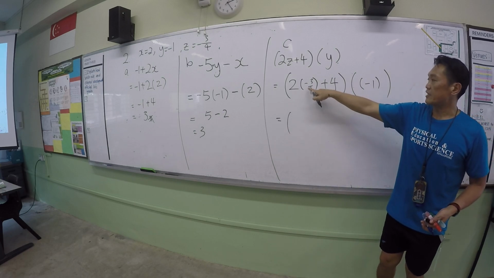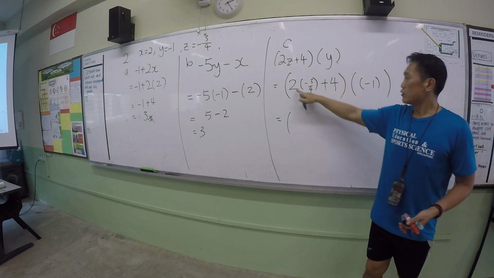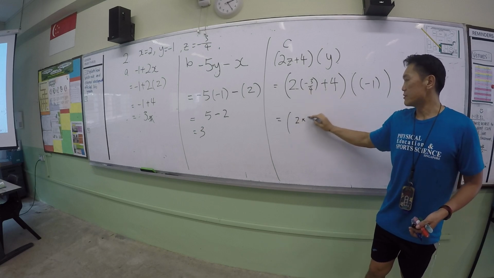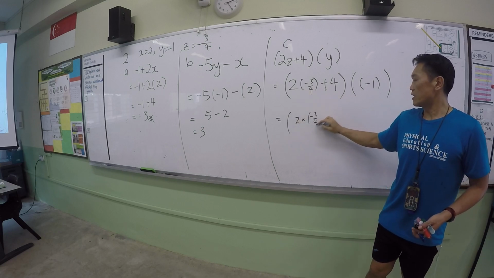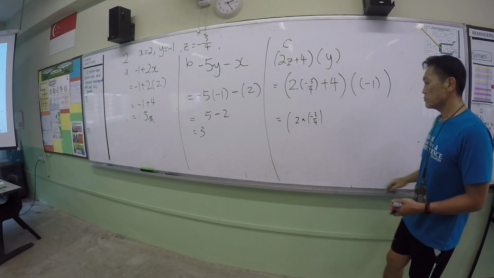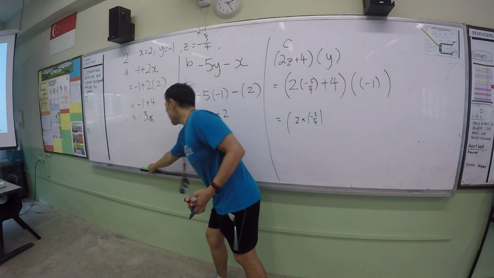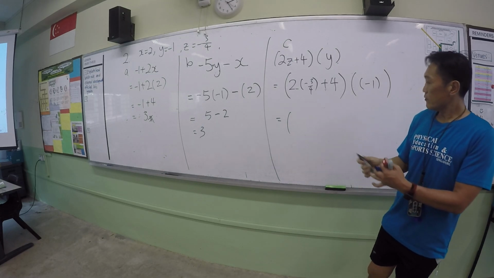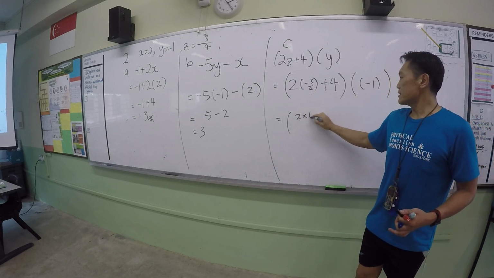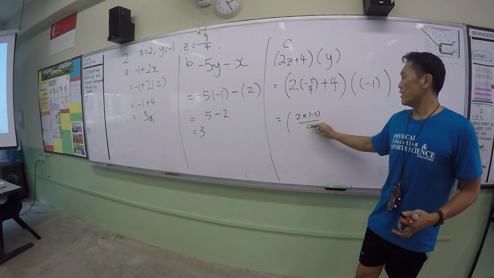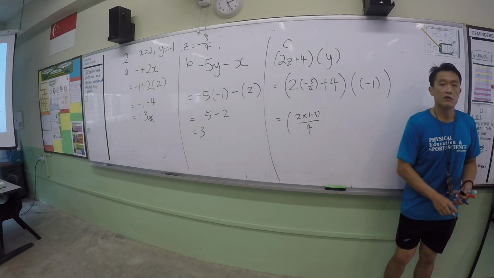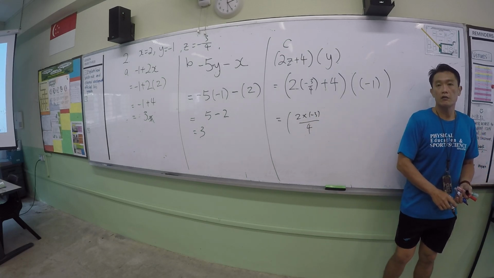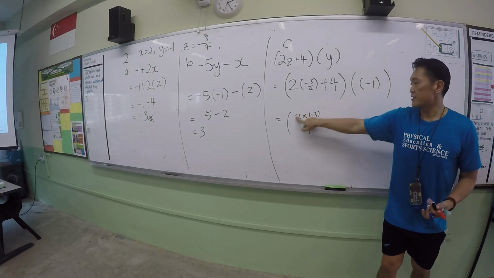2 times -3/4. Numerator times numerator. So it will become 2 times -3/4. Okay? 2 and 4 can cancel.